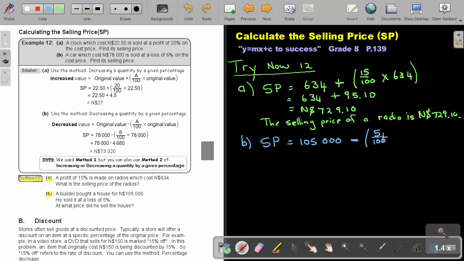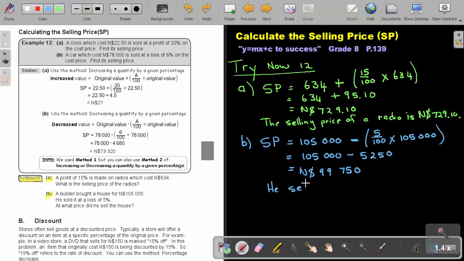So work out 5% of 105,000. If I work it out, it will be 105,000 minus, and that 5% will be 5,250. As soon as I subtract that, I will end with 99,750 Namibian dollar.